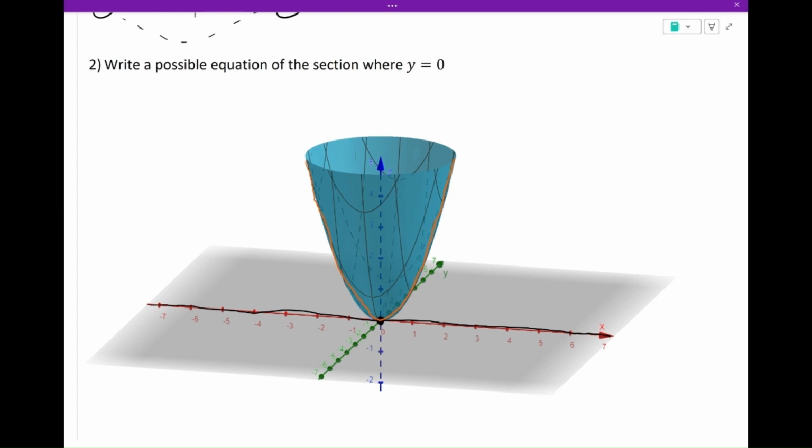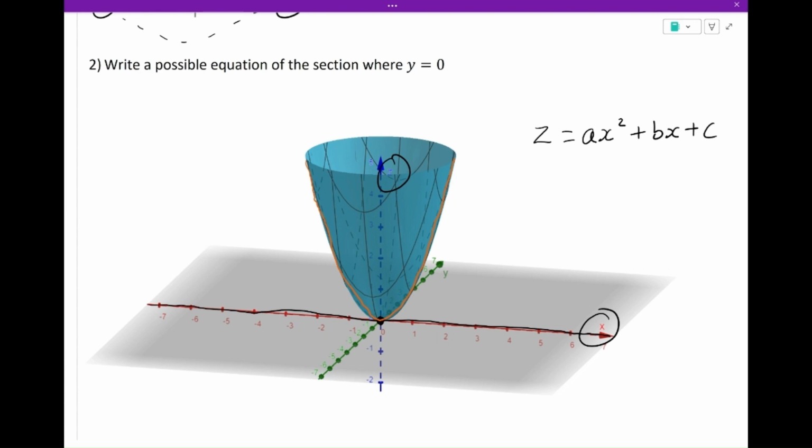Hopefully you'll recognize that section as a quadratic. If we're thinking about the variables we're using here, we'd be using our z and our x, because y is held constant. So our quadratic would be of the form z is equal to ax squared plus bx plus c. Now, can we simplify that down?